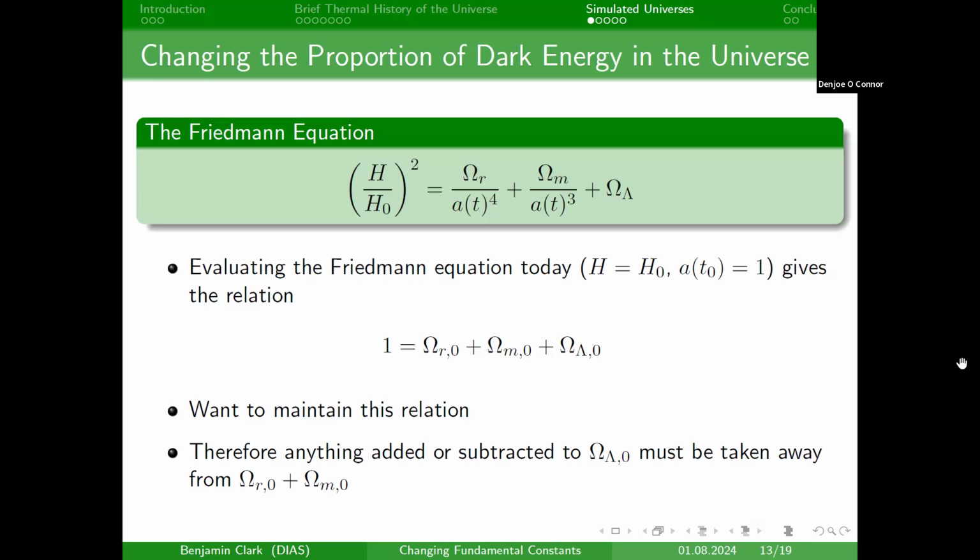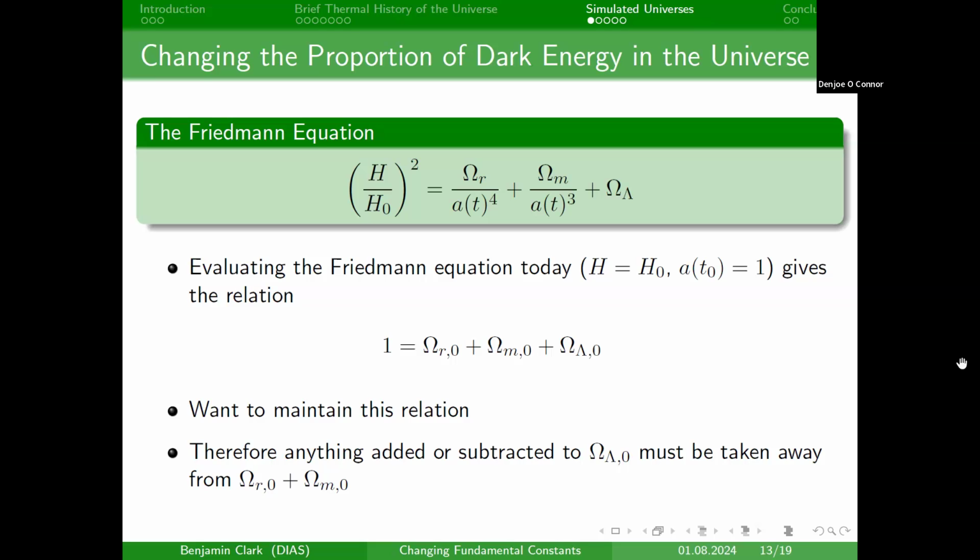Omega r is the density of radiation, omega m is the density of matter, and omega lambda is the density of dark energy. If we evaluate it today, that means that H is equal to H0, the Hubble constant, which is the Hubble parameter as it is today.